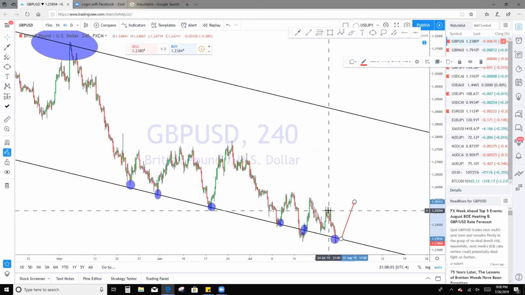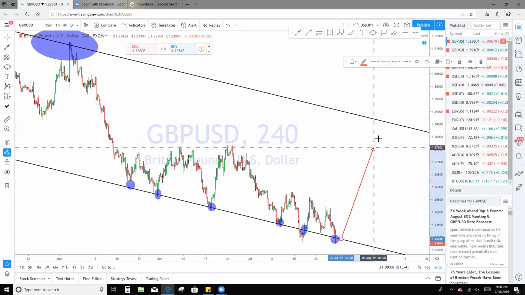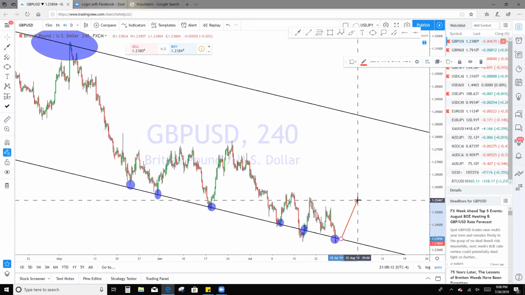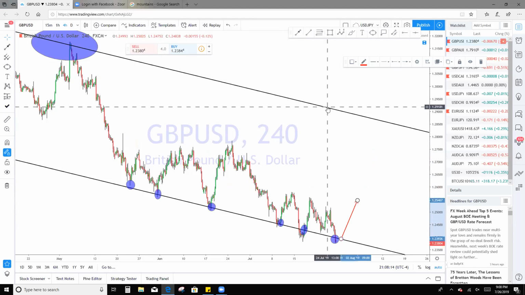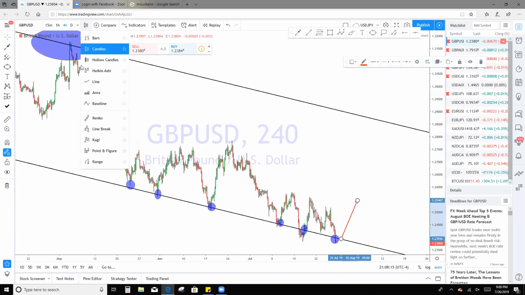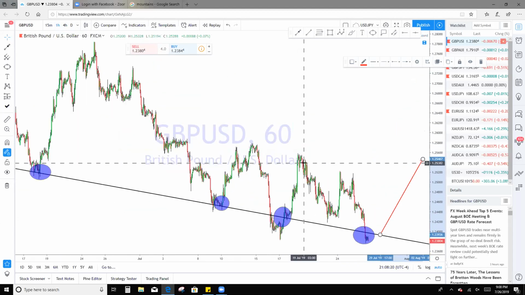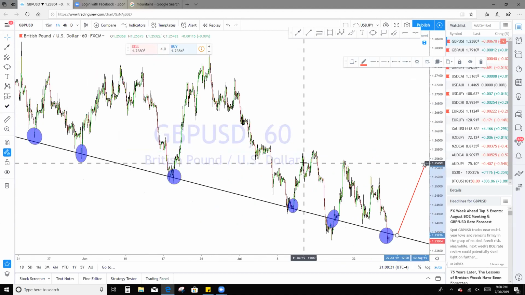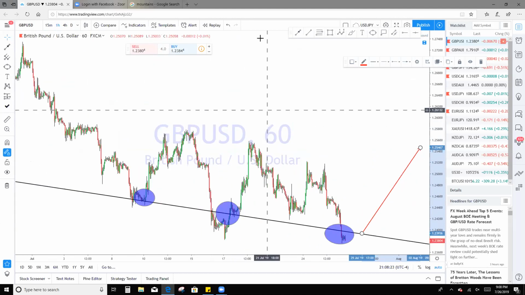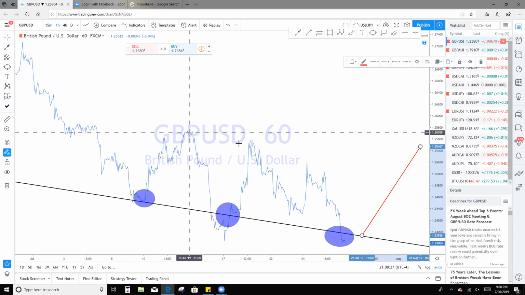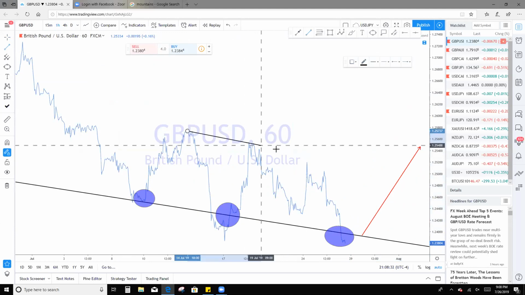Now, when I'm seeing this, I'm thinking price has the potential to go all the way back up here. But if we were looking at a smaller scale, we could zoom down to a lower time frame. When you switch to your line chart, you're going to see even smaller peaks, and you're going to do the same exact thing.